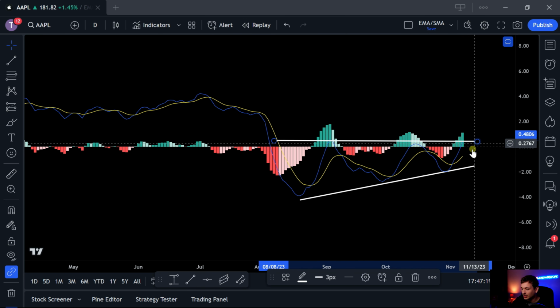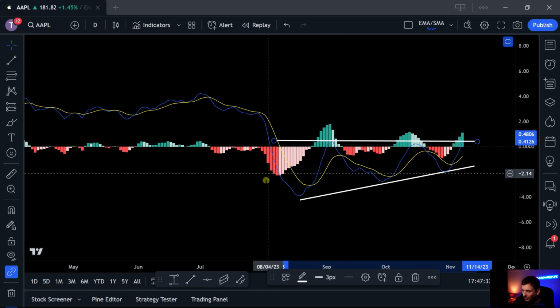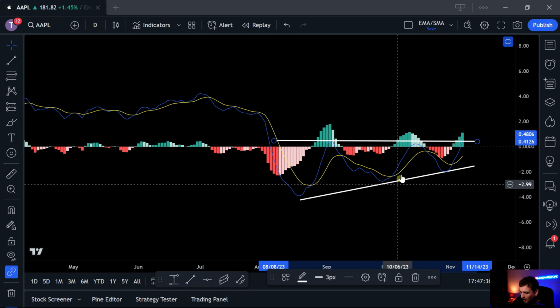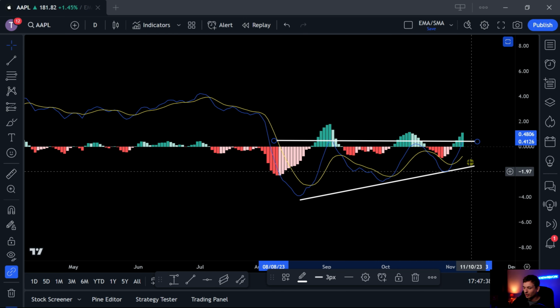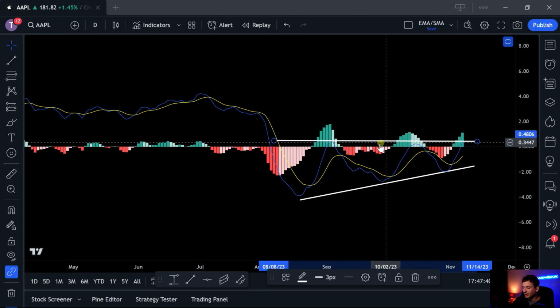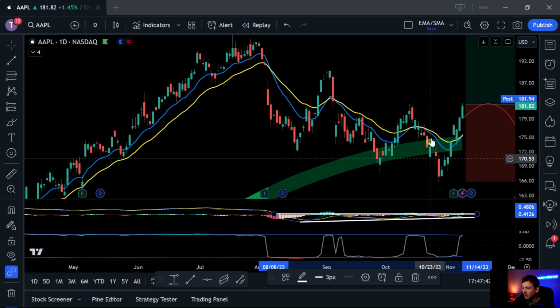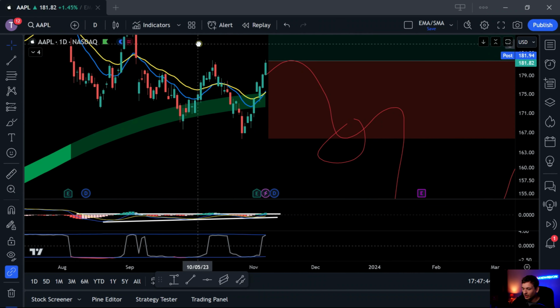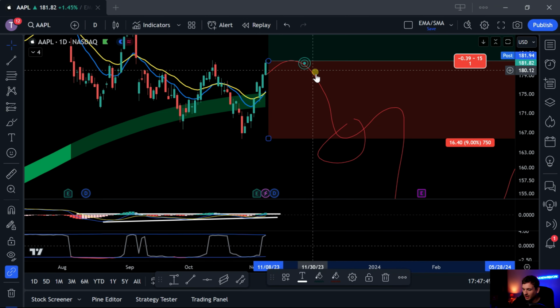You have another resistance right here. And a lot of times this actually can be a bearish sentiment overall, because this is squeezing, and what that's showing is that although the buyers are pushing more and more, it's still being sold at the same exact spot. Anyways, there is a bullish case for it, so we're going to get rid of these lines here.